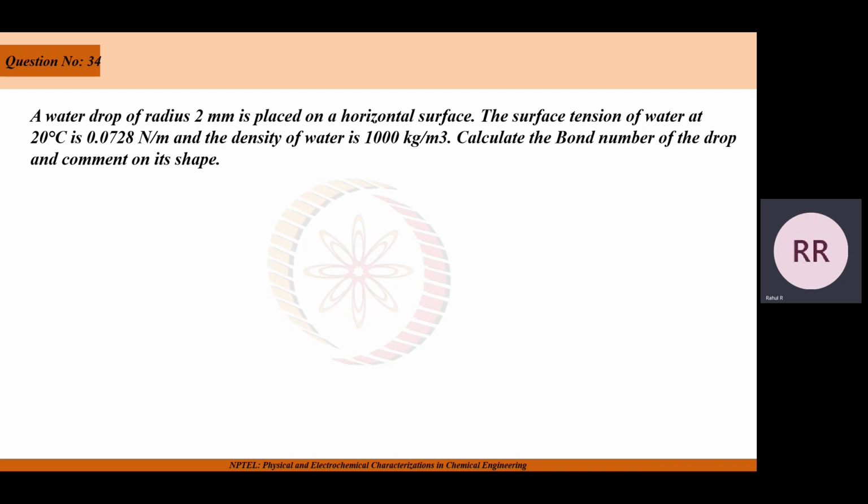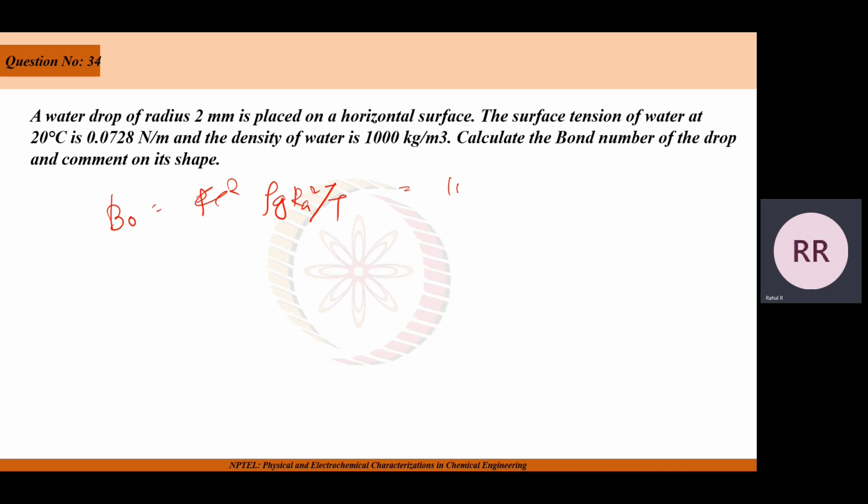So we know that the Bond number Bo can be calculated using the formula rho g R squared divided by T. Here we know all the parameters, so we can calculate.